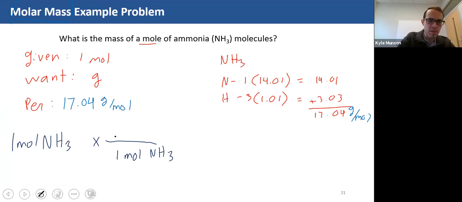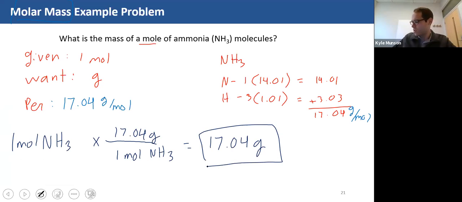Times 17.04 grams equals 17.04 grams. So that's our answer right there. So that's how we're going to calculate the mass of a mole of a substance.